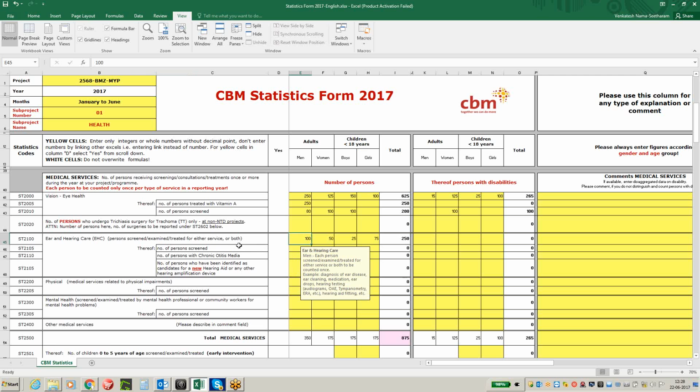The same logic applies to screening. And this is the number of persons who have been identified as candidates for a new hearing aid or any other hearing amplification device. You can just say identified people. It may not be that they are receiving the hearing aid, but they have been identified for getting a new hearing aid.